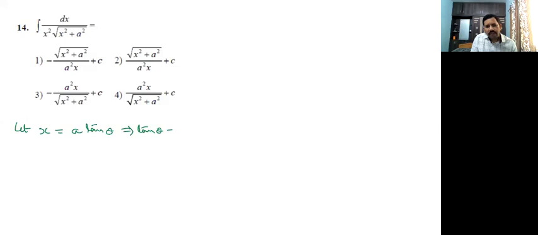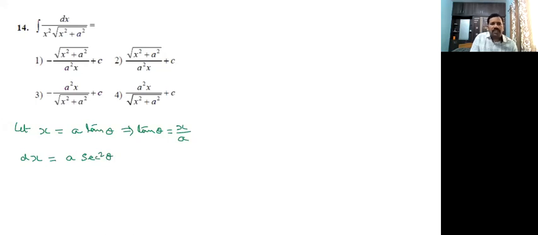Tan theta is equal to x divided by a. Now differentiate this: dx is equal to a into the derivative of tan theta, that is secant squared theta.